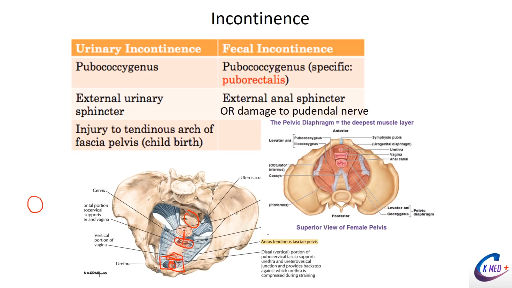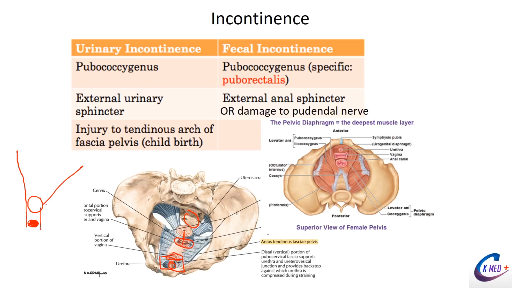I have my urethra here, and we have these tendons that attach and yank on this. And when this yanks on it, it allows for stabilization, and that allows the external urethral sphincter to close up. So this is our urethra. This allows it to close up.